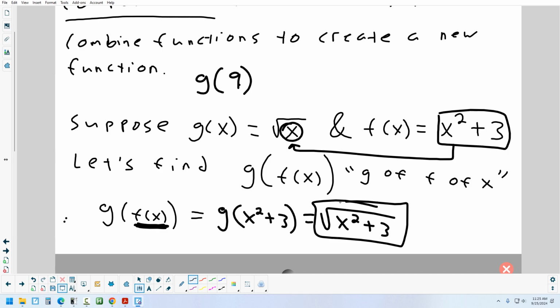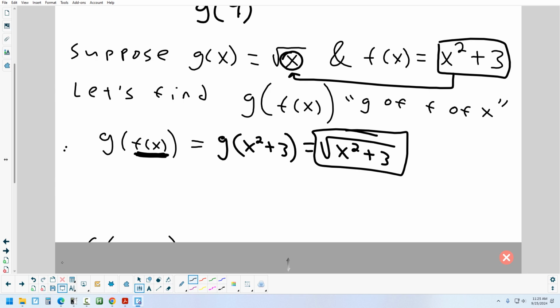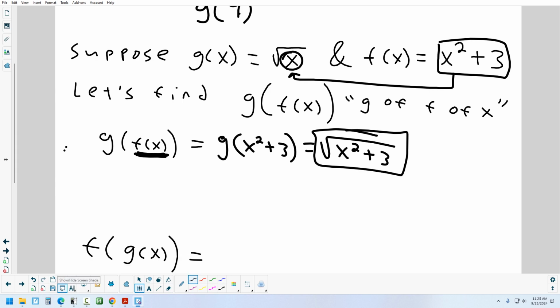What we just created in that box is a composition of function f and g. That's how you do it. All right, let's try it the other way. This is g of f. The bottom one is f of g. No, they're not the same. They're different.